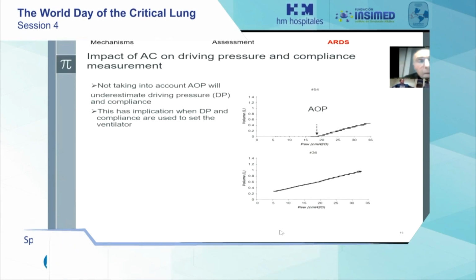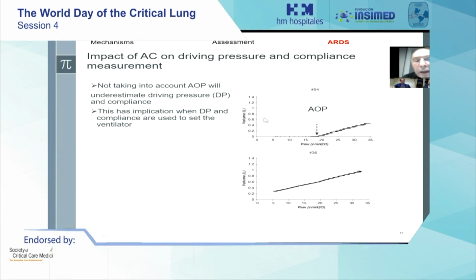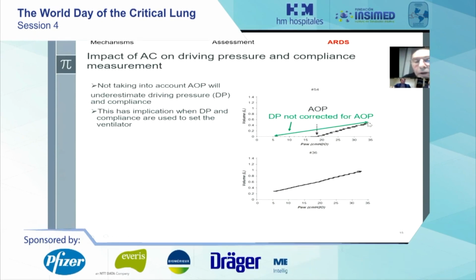And there is some important impact, from a physiological point of view, regarding airway closure observation on driving pressure and compliance measurement. If you have a patient with a typical pattern of airway opening pressure, here you have the driving pressure not corrected for airway opening pressure, which is from PEEP 5 to the end of inspiration.